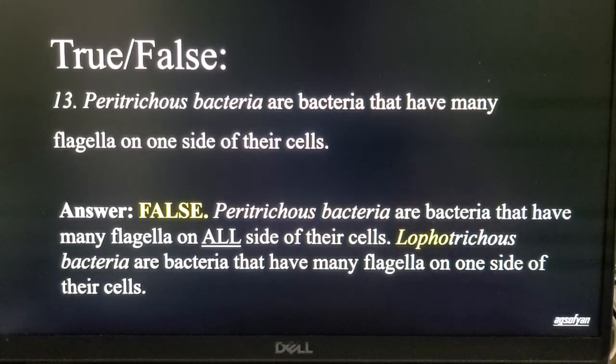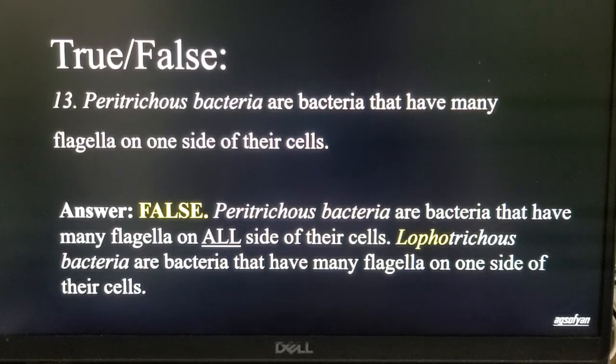Trichous means flagella. So this bacteria should have flagella around its cell, a lot of flagella surrounding all parts of the cell, not only on one side. So peritrichous bacteria are bacteria that have many flagella on all sides of their cell.